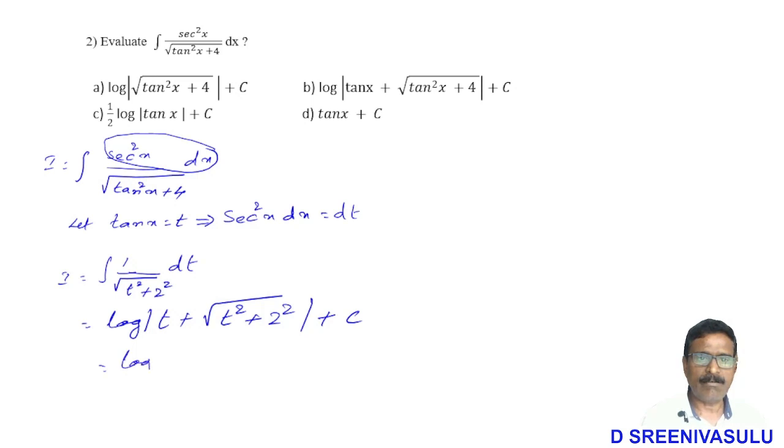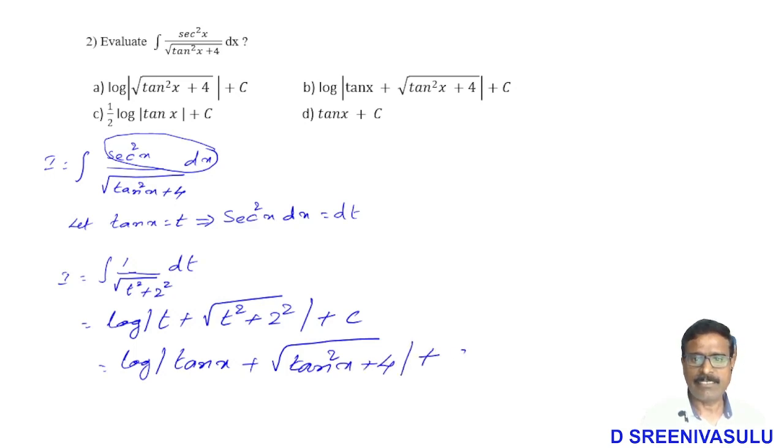This is log mod tan x plus root tan square x plus 2 to the 4, plus c. This is the answer. Which option is correct? You may observe here log mod tan x plus. That means option B is the correct answer.